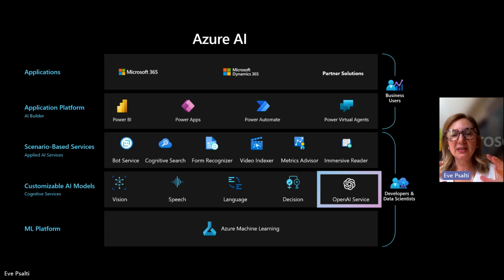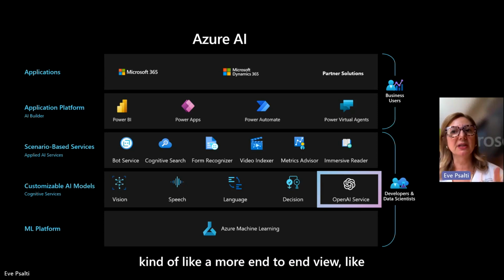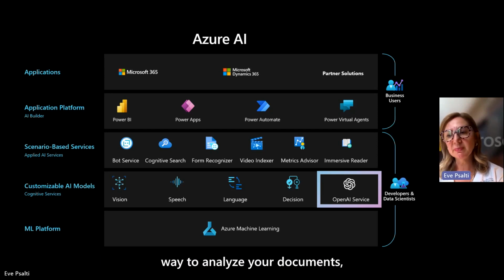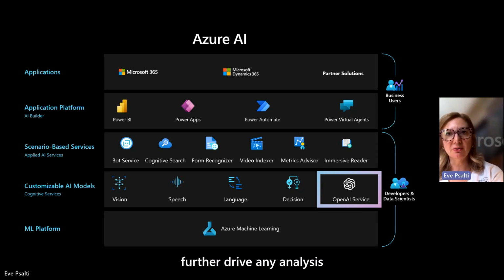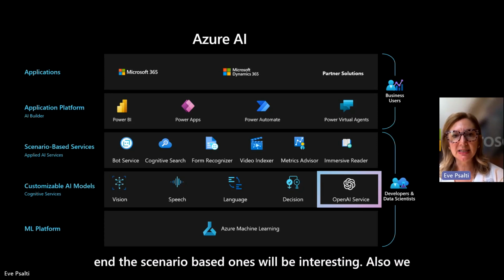So if you don't want to stitch together a bunch of APIs by yourself and you want a more end-to-end view, there's Form Recognizer, which is a great way to analyze your documents, extract the relevant entities, use search to activate these tasks, and then further drive any analysis or insights. So if you want something more end-to-end, the scenario-based ones will be interesting.